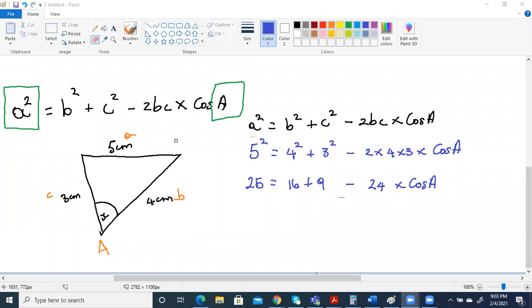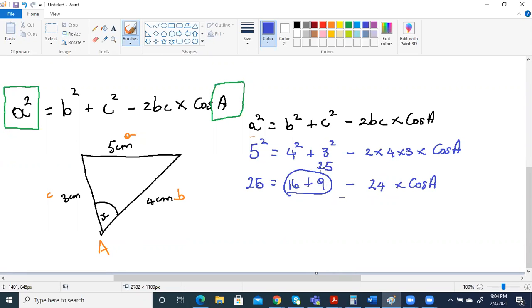So going just as we were doing, we can't carry over this 24 because it's being multiplied. So we just have to carry this over first. 16 plus 9 gives us 25, right?